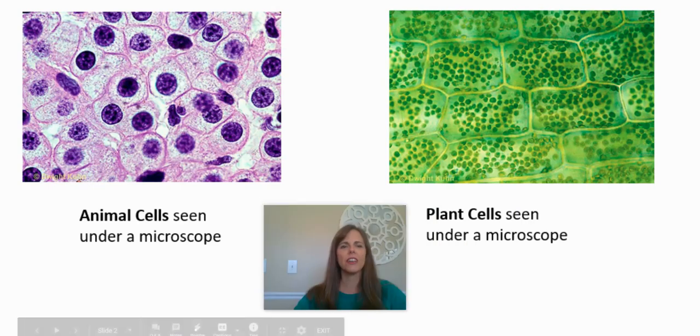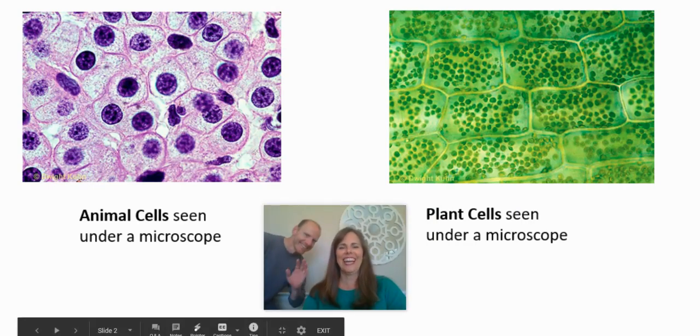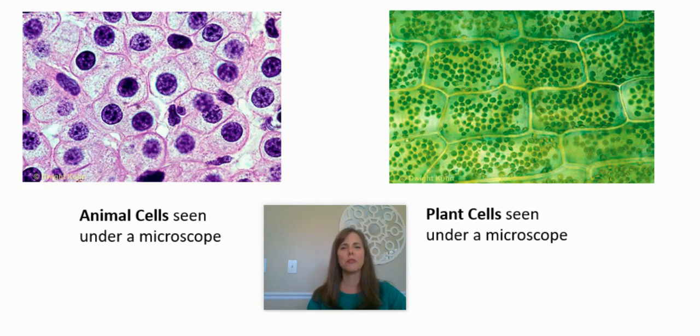So here we have plant cells and animal cells as they would look under the microscopes. The main thing that we want to pay attention to is the fact that the plant cells are more boxy in shape because of their rigid cell wall. And also because the animal cells do not have a cell wall.